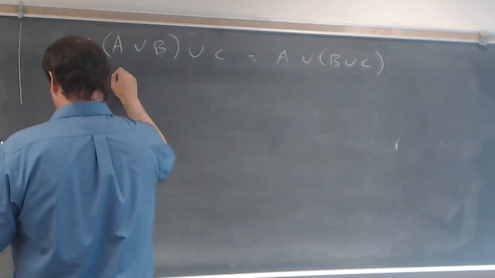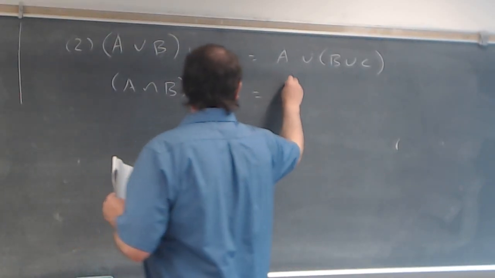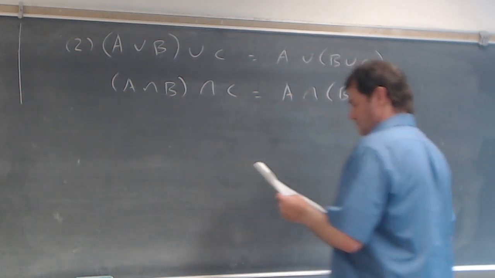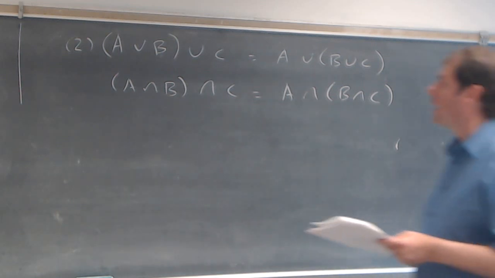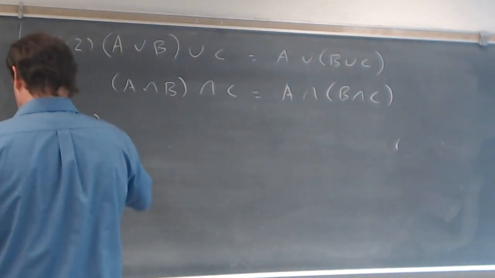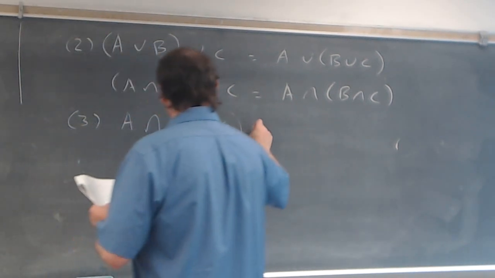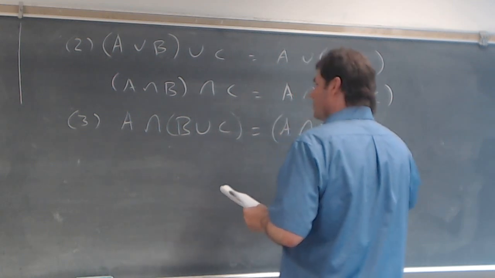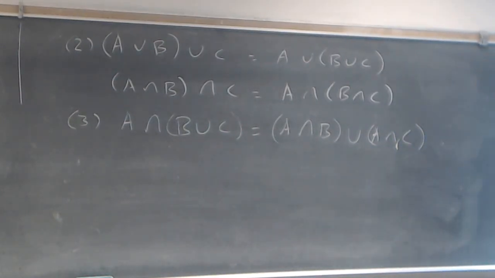And similarly, if you have A intersect B, you do that first, and then you intersect that with C, that's equal to A intersect the quantity B intersect C. And then thirdly, if you have A intersect B union C, that's the same thing as A intersect B union A intersect C.